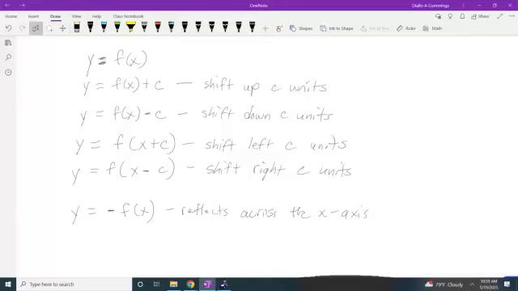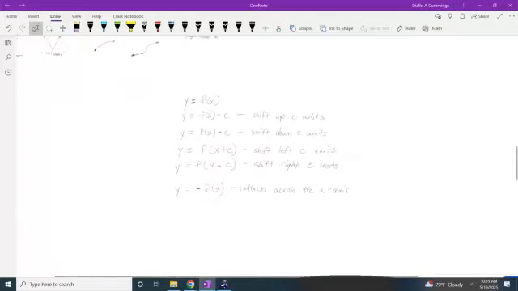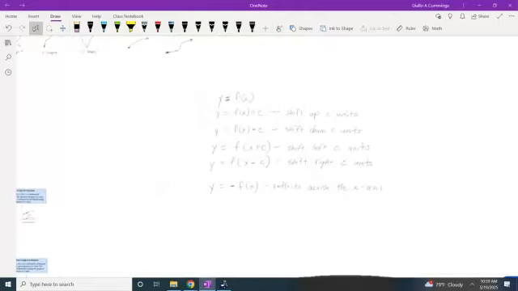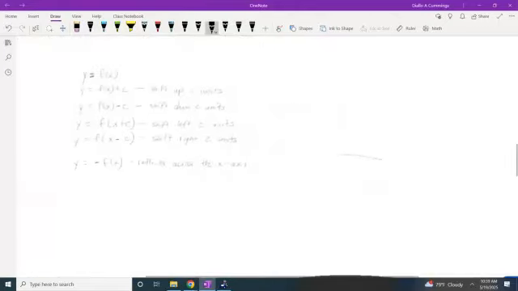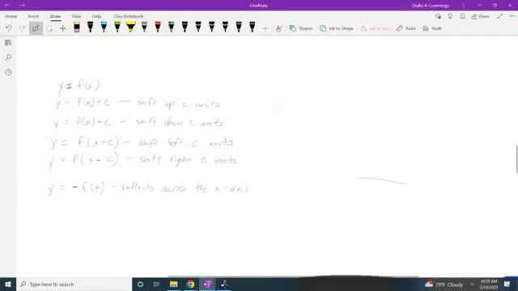All right, so now what we're going to do is see this stuff in action, and I am going to use the parabola. So we're going to start with y is equal to x squared, and I'm going to put it on a little makeshift x and y axis.